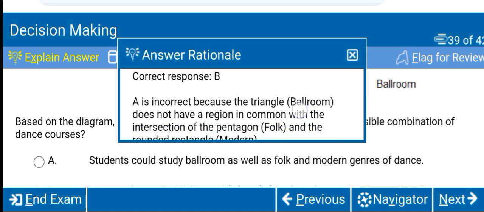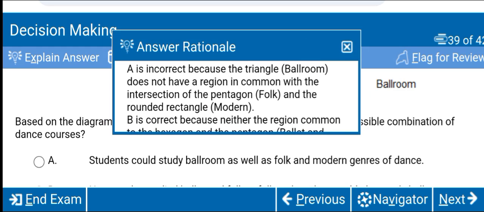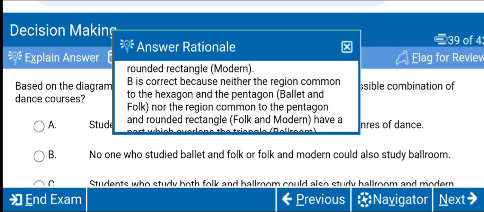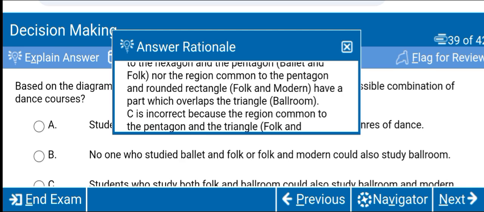Option A is incorrect because the triangle, that is ballroom, does not have a region in common with the intersection of the pentagon, folk, and the rounded rectangle, modern. B is correct because neither the region common to the hexagon and the pentagon, ballet and folk, nor the region common to the pentagon and rounded rectangle have a part which overlaps the triangle.